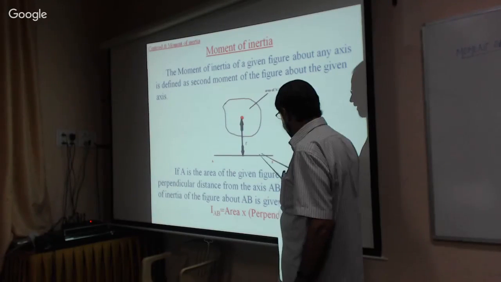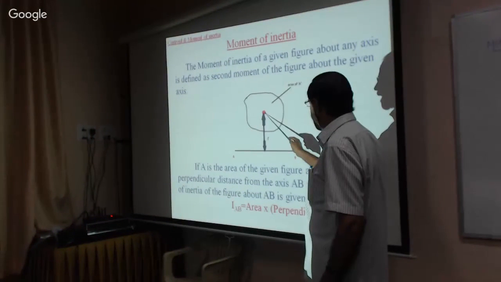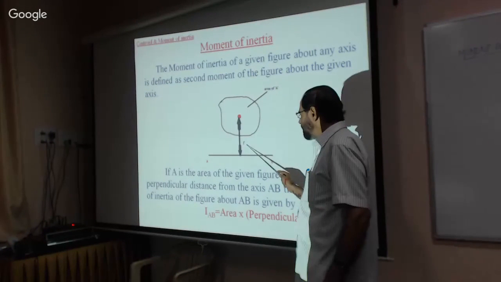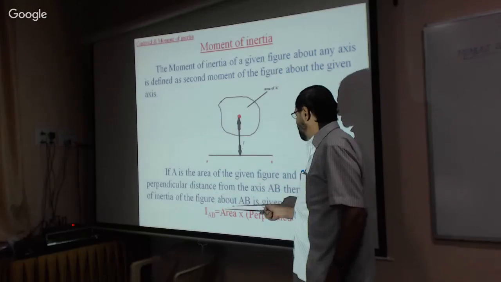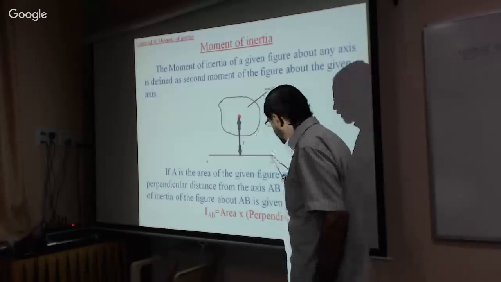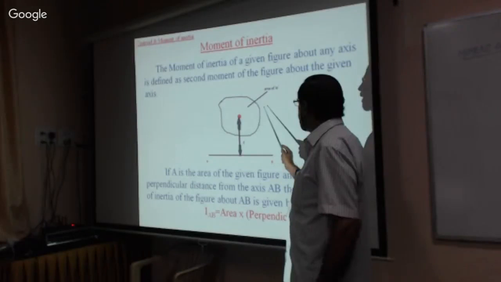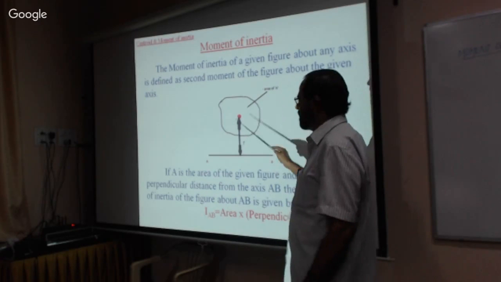Now this is the given plane figure having the area A with respect to the reference AB. This reference AB is located from the centroid at a distance r. Therefore, the moment of inertia can be calculated as IAB. IAB is the moment of inertia of this figure with respect to this reference axis. So the moment of inertia of AB is equal to area multiplied by r square. r is the distance.